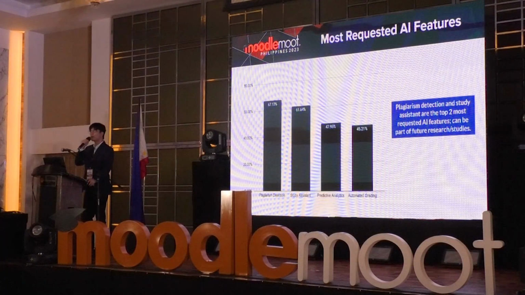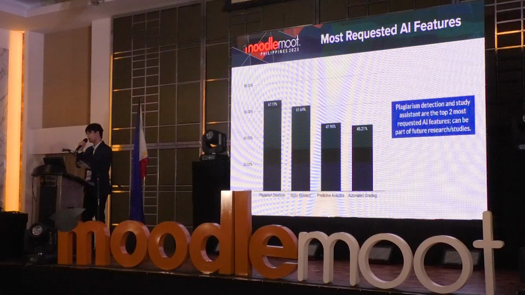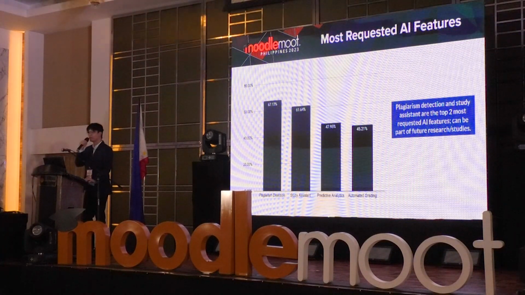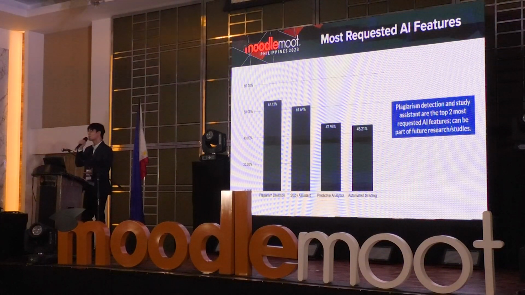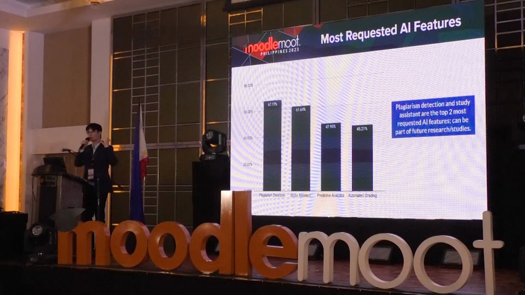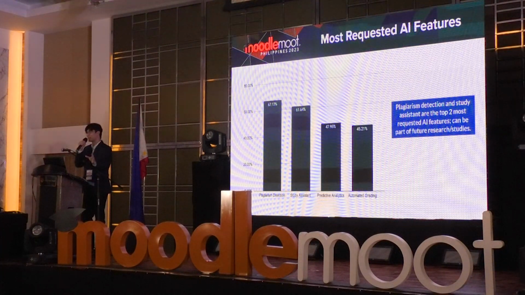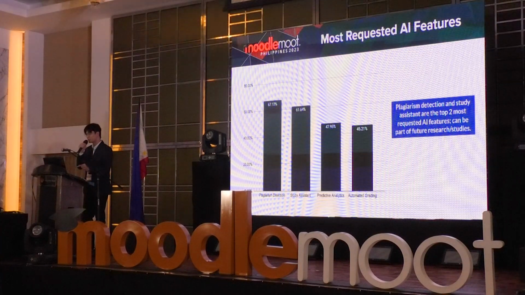And I've also asked them, this is I believe the final item in the series of surveys, what are your most requested AI features? They are allowed to select multiple answers, so don't total them to 100%, all right? And these are the top 4 AI features.